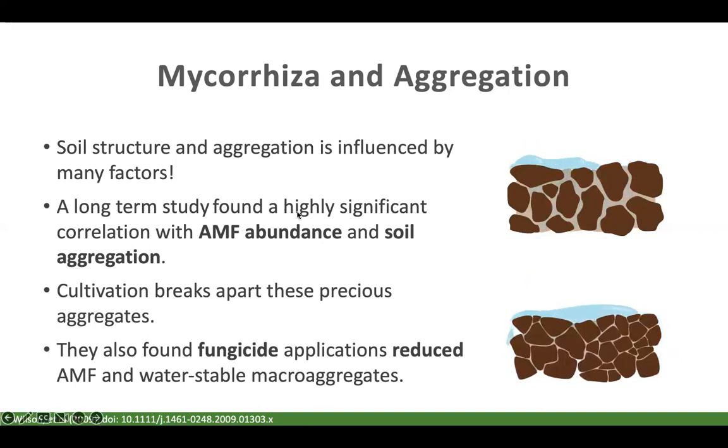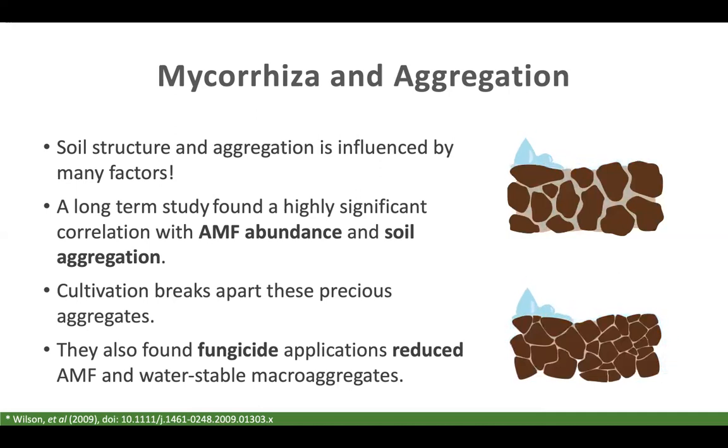And they found that soils that have a history of cultivation, of course, it breaks apart those aggregates, breaks apart those fungal hyphae. And they also found that in soils with a heavy history of fungicide use, of course, fungicides are used to control fungal diseases, but they can also have negative side effects on the beneficial fungi as well.